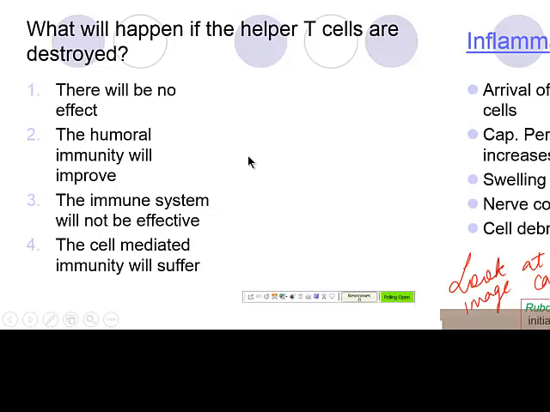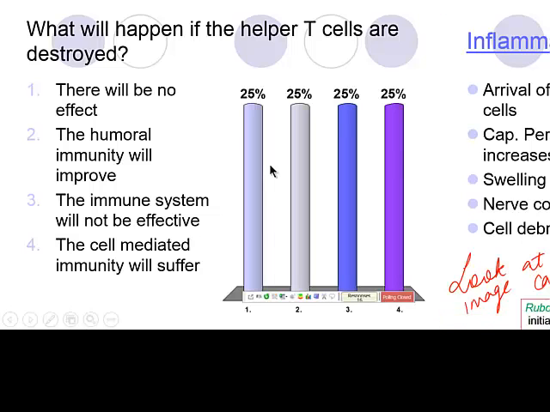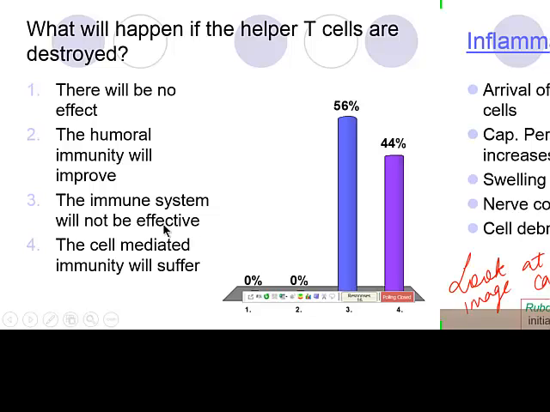Another question, what will happen if the helper T cells are destroyed? Immune system will not be affected.